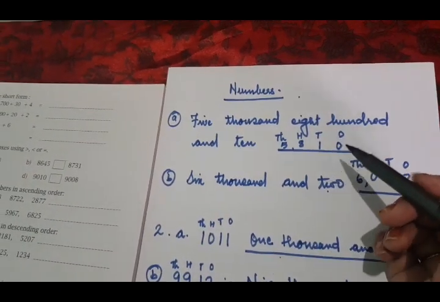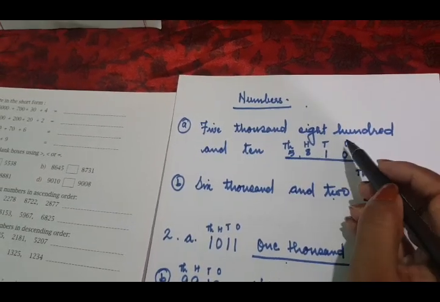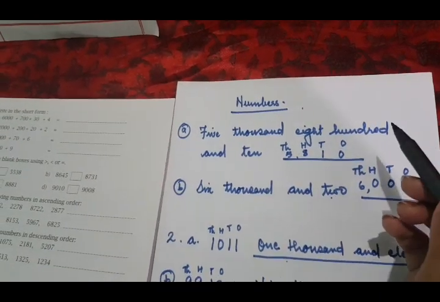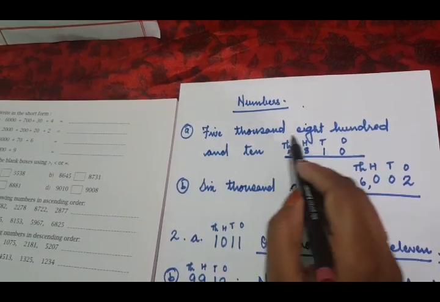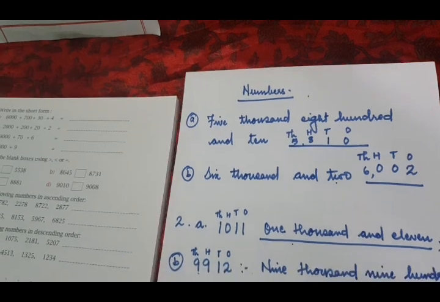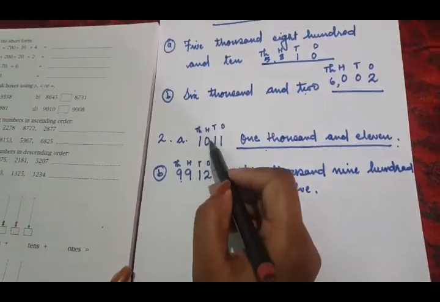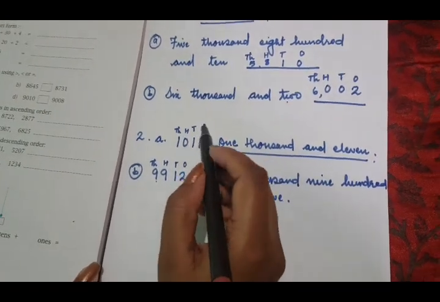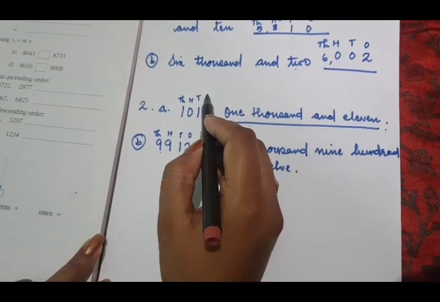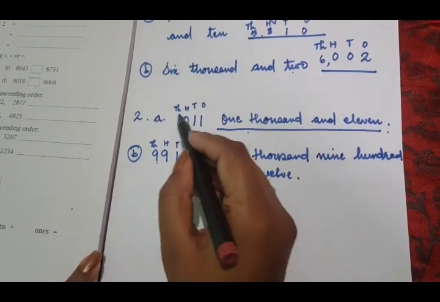Before you write the numerals, just write the places, ones, tens, hundreds, thousands, and just below that place the number as you read. Question number 2. Numerals are given. You need to write the number name. For that also you can write the places like ones, tens, hundreds, and thousands. So you can read easily.